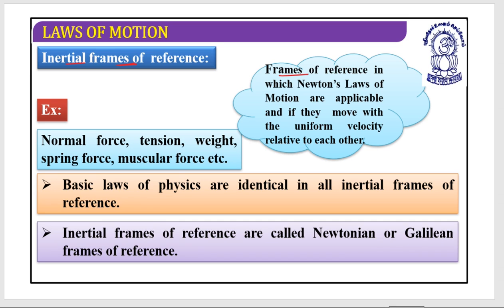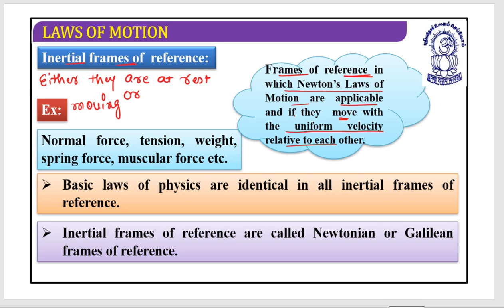We can say it is a frame of reference in which Newton's laws of motion are applicable, and these are the frames of reference that move with uniform velocity relative to each other. Either they are at rest, or they are moving with uniform velocity.